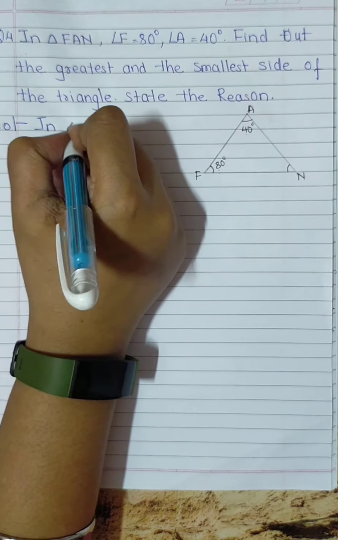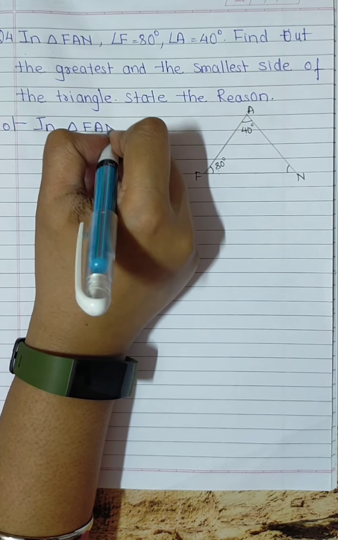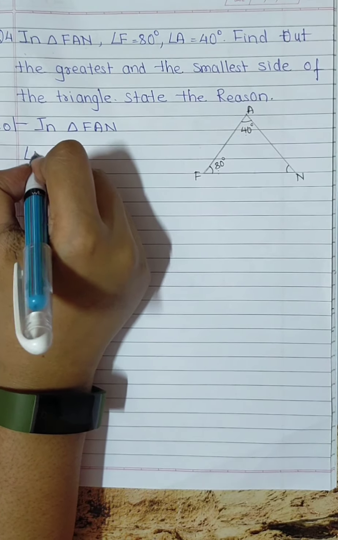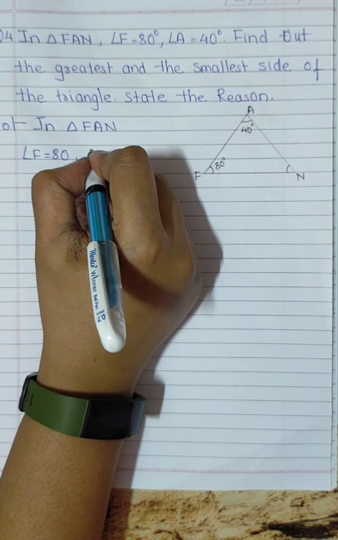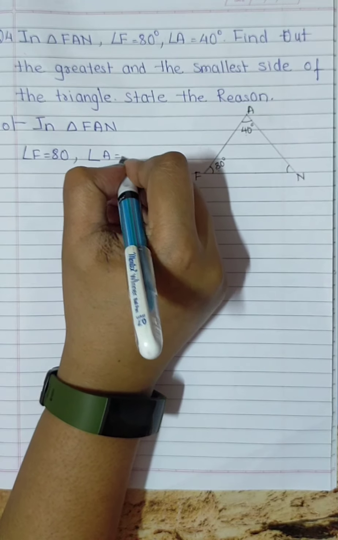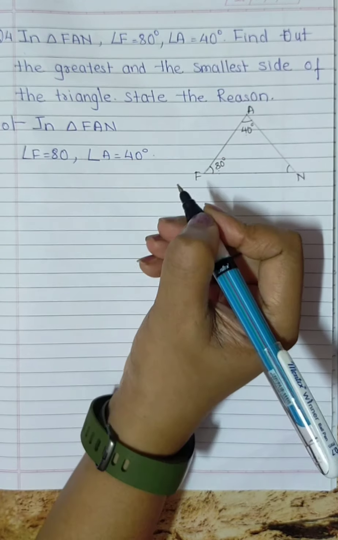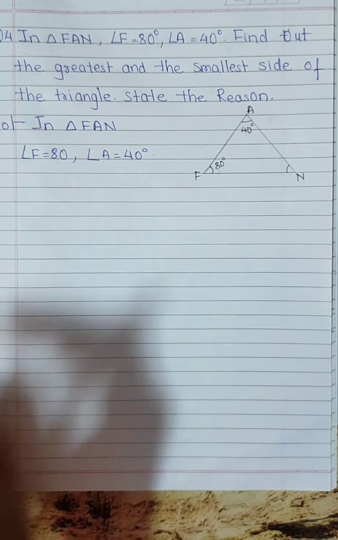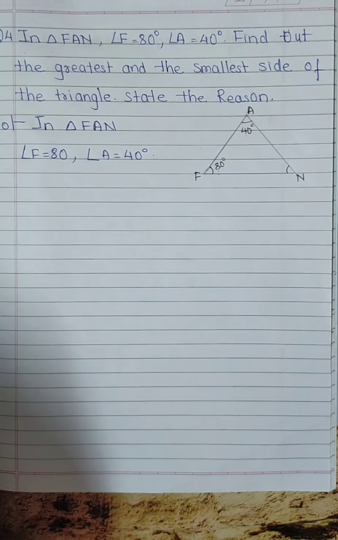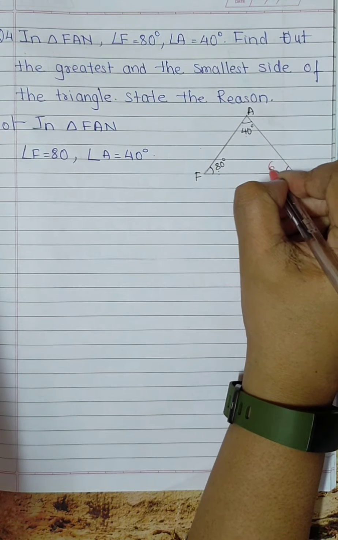In triangle FAN, angle F is equal to 80 degree. It is given angle A is equal to 40 degree. Okay. Now angle N is 60 degree.